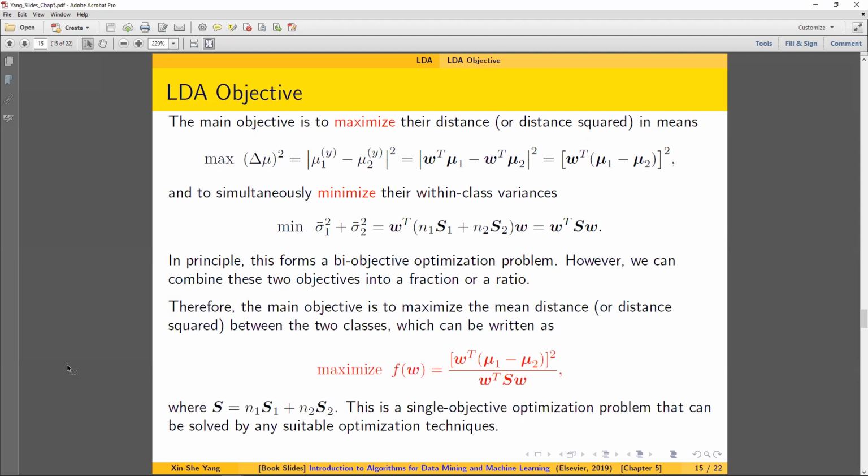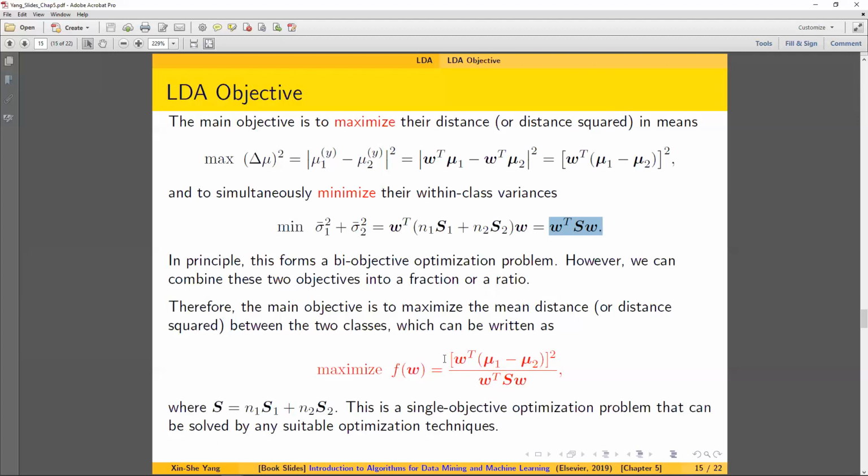Then we can put those two together and come back with a new objective function, which is the mean in the numerator and the variance, which is identical to this, in the denominator.